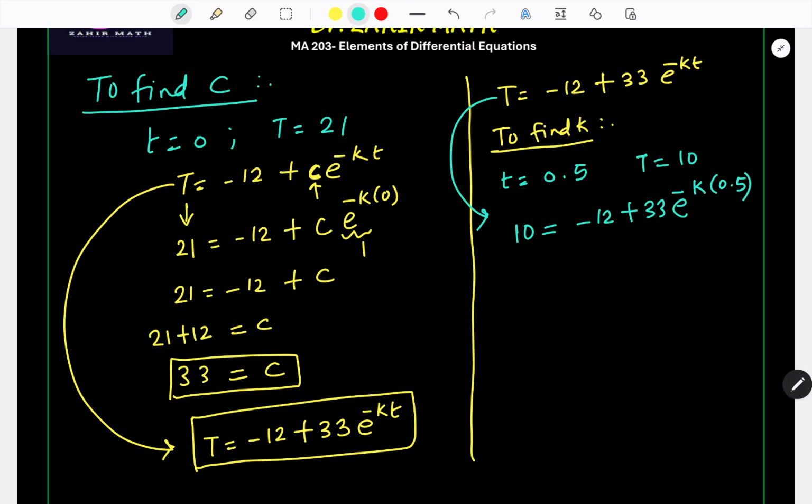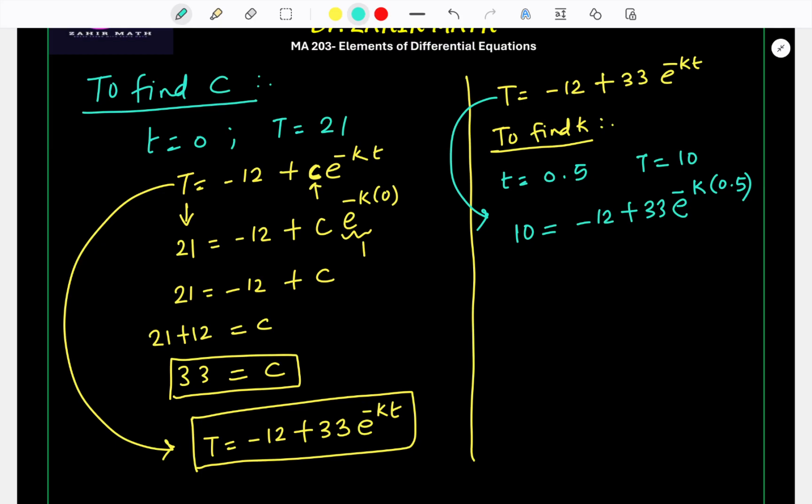So let me go to the calculator and put this in. 10 alpha equals minus 12 plus 33 alpha e power minus 0.5 bracket open alpha x bracket close.